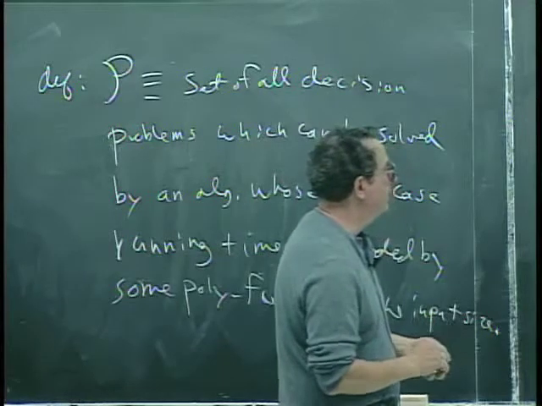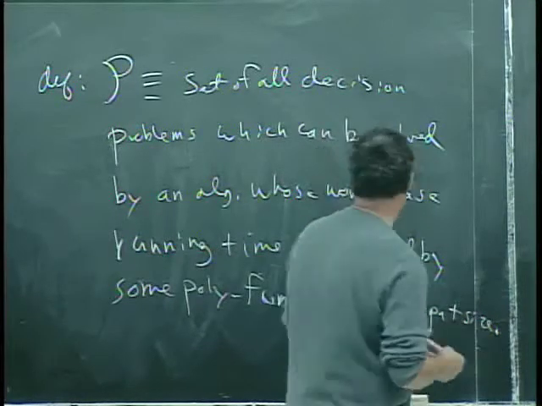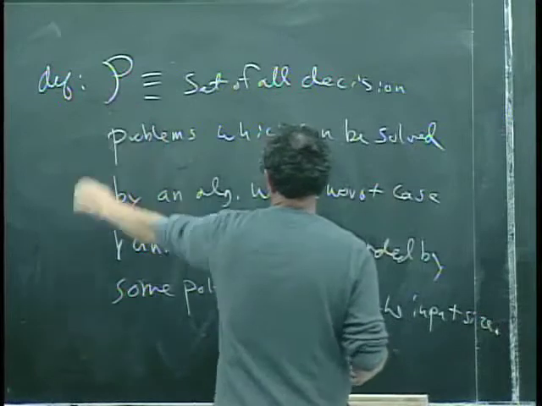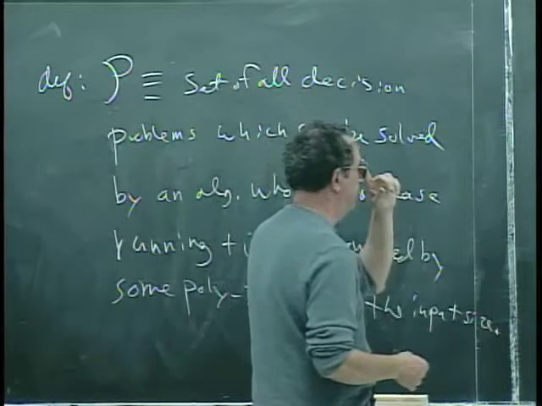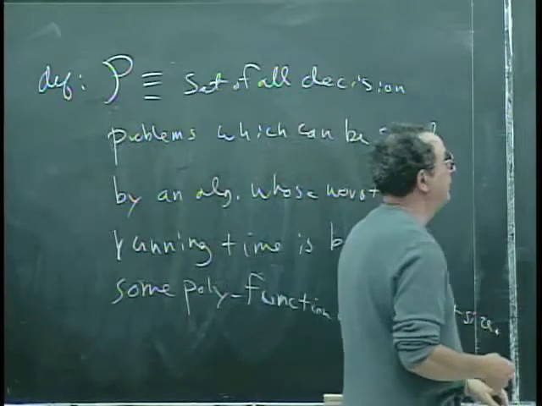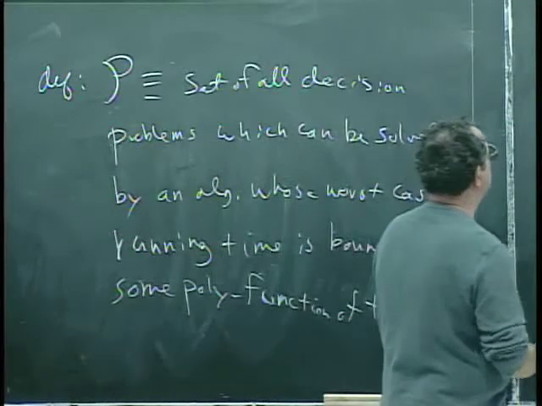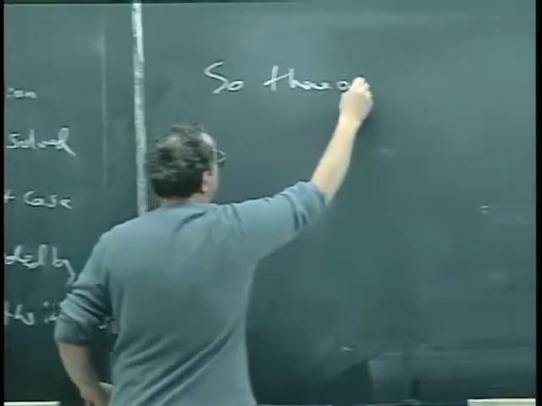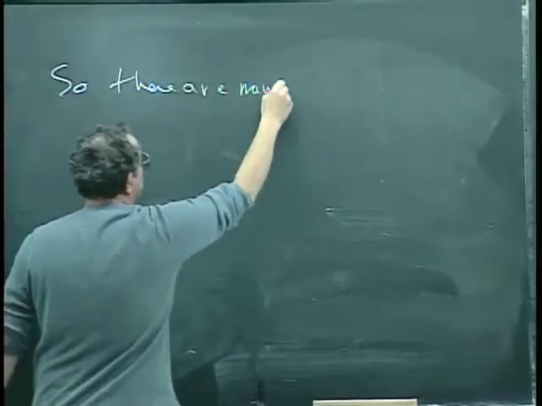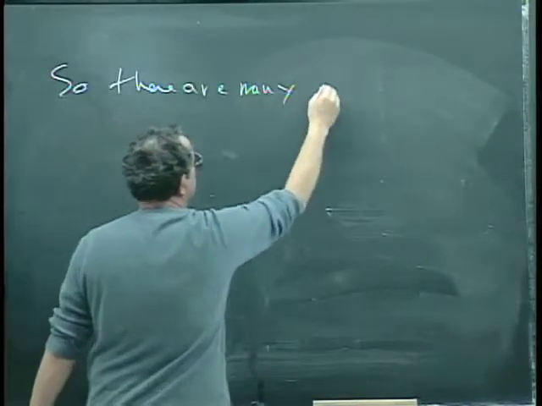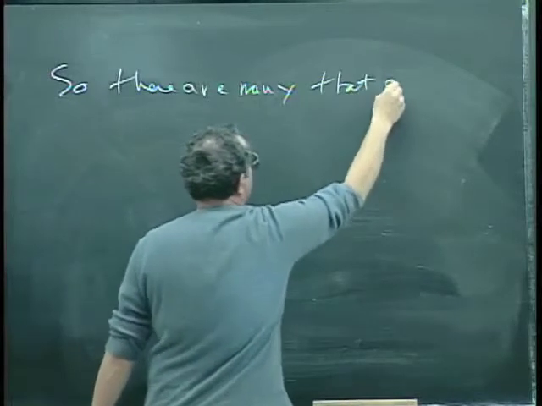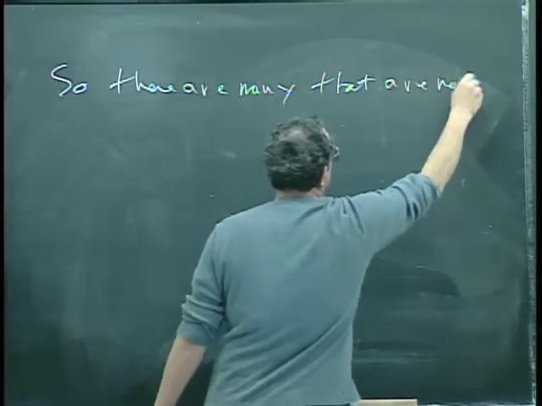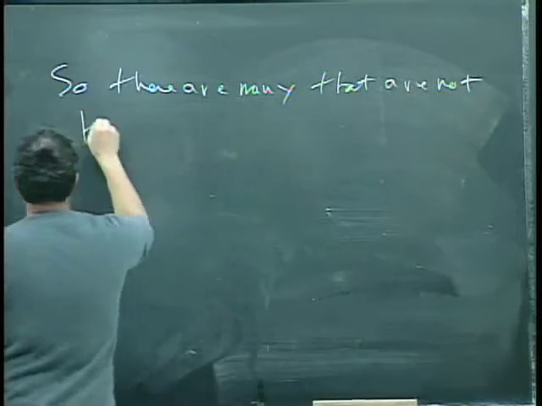Okay, so we have all these problems where we don't know algorithms that put the problem in class P. So there are huge many problems that are not known to be in P.